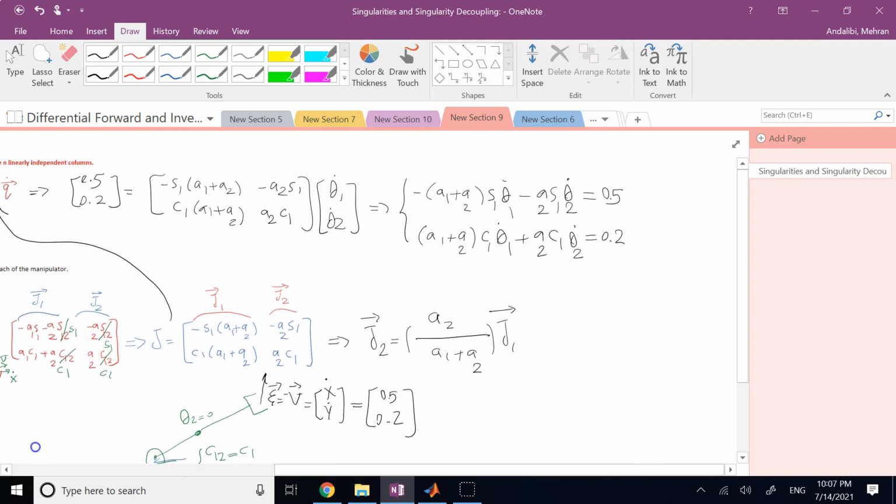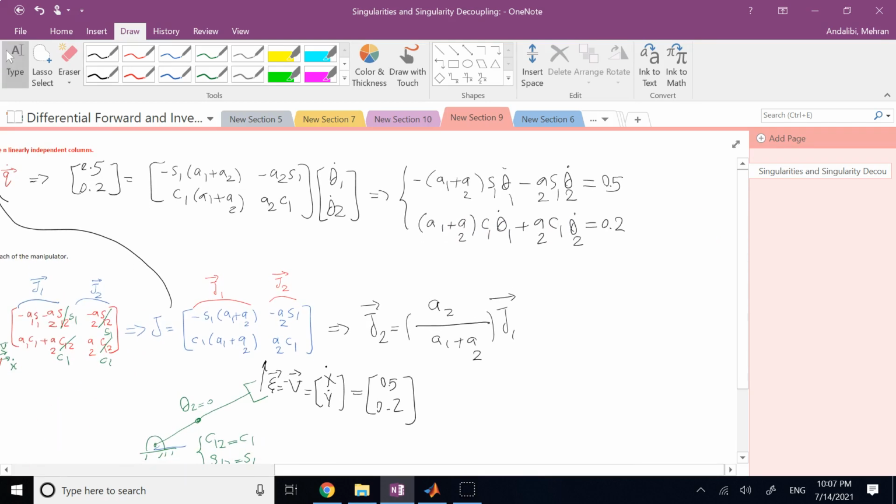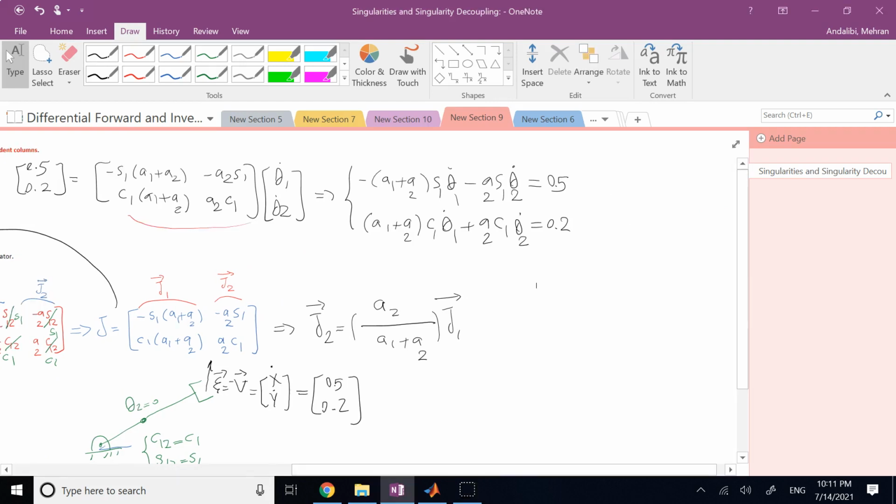Now, can you solve this for a solution? Is that possible? I'm sure you know it from linear algebra, but just to try it out, I chose some numbers so we can try it also numerically in MATLAB.